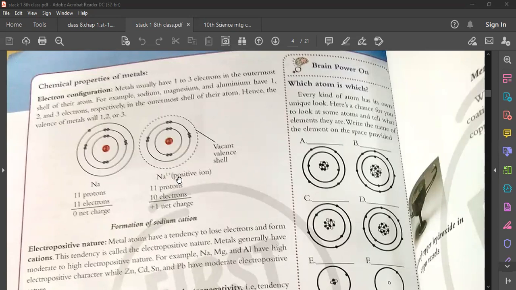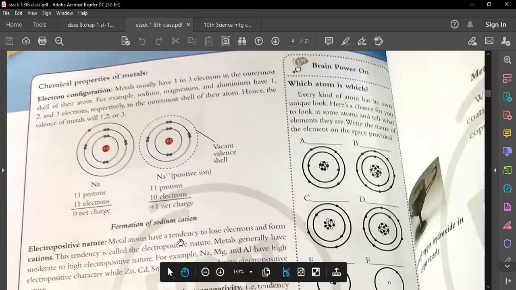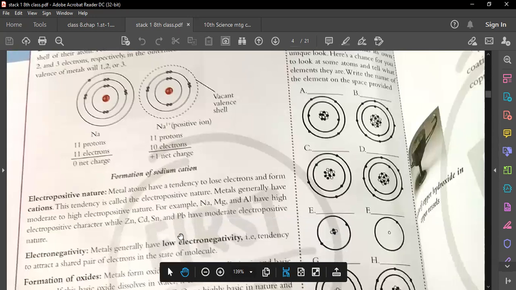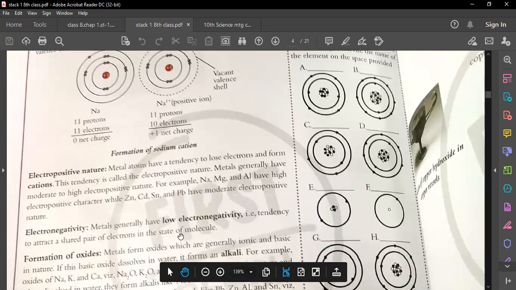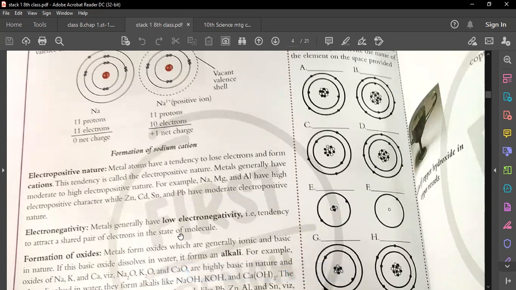Third group, three. Very good. So most metals have only one, two, or three valency electrons in the outermost shell. And the next property we already discussed, right? Electropositive nature. They always have a tendency to lose electrons, or donate electrons to other elements in the periodic table. That's why they are called electropositive in nature. Clear? Yes, sir, clear.